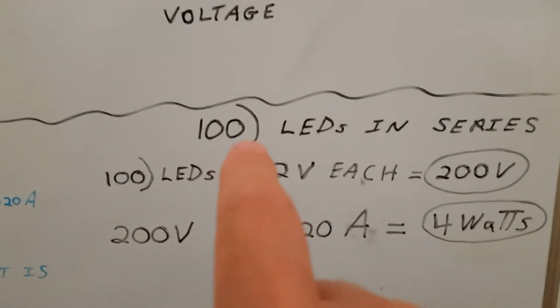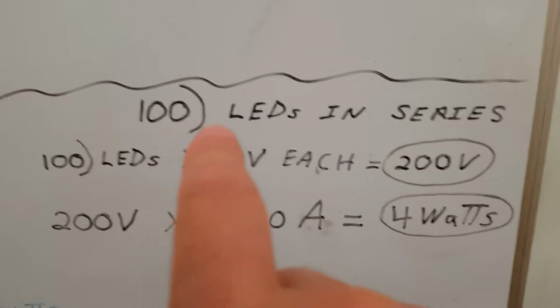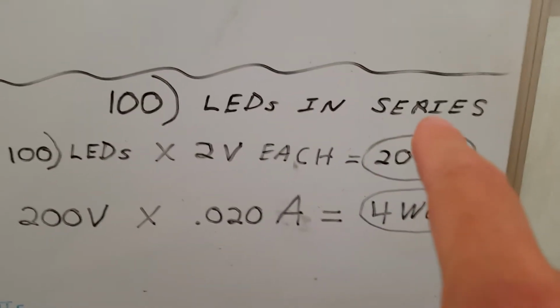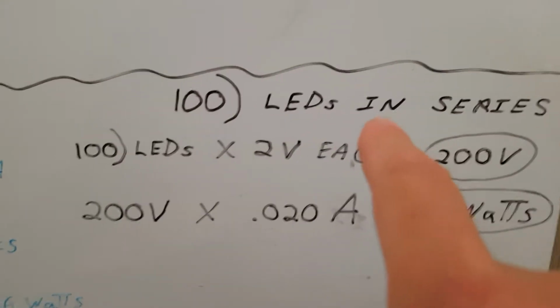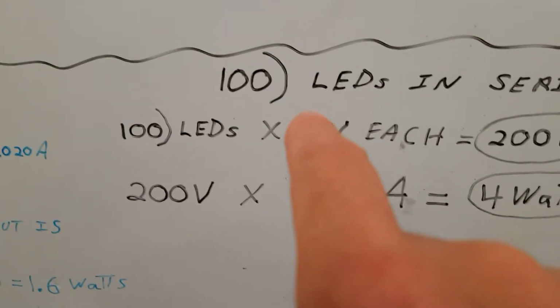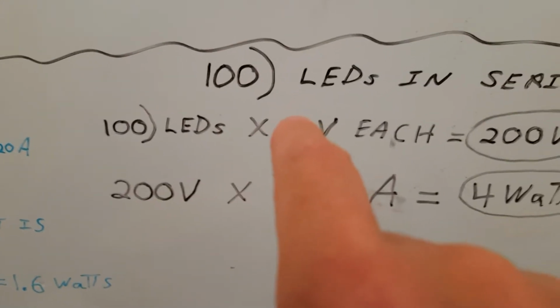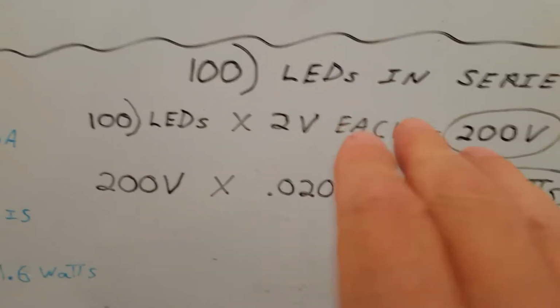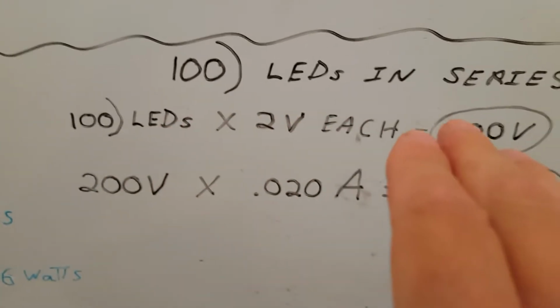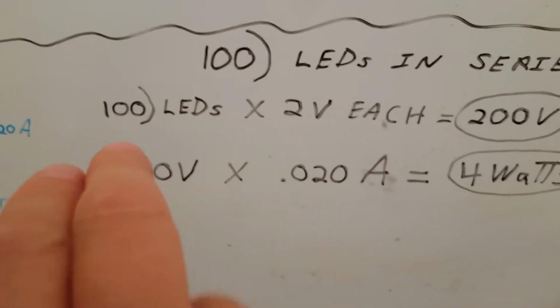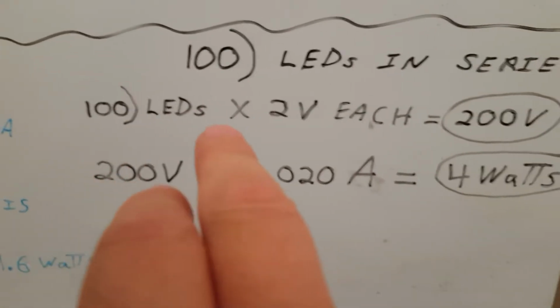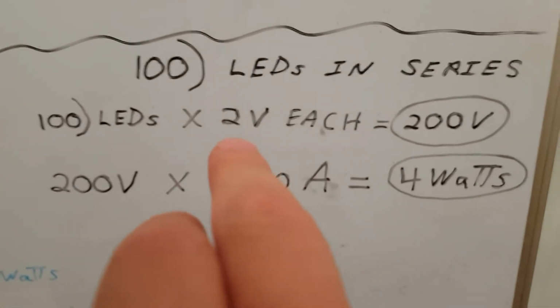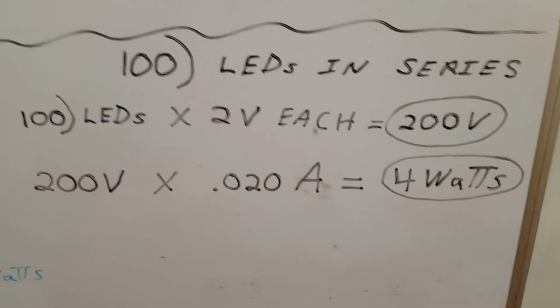Anyhow, all right, let's just look at this. 100 LEDs in series, what I just showed you right now. Now, in video part 2, I had 350, but let's ignore that right now. Let's just say 100 LEDs in series. 100 LEDs times 2 volts each. They require 2 volts each.